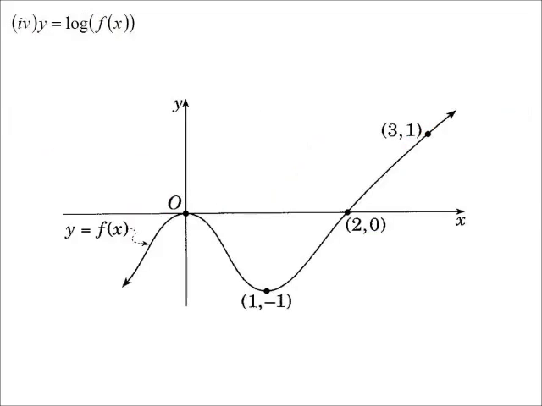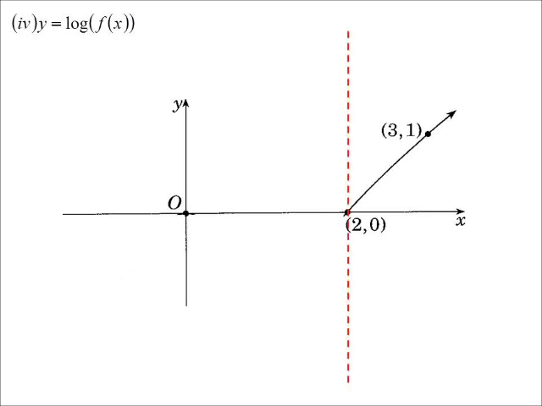The log of function x. So again, I'll just draw a log curve here. There's y equals log x. But we're going to draw y equals the log of function x. So the log of all these y values. What do we know about our log curve? Cannot find the log of a negative number. So again, and this time that dot will disappear as well because you can't find the log of 0.